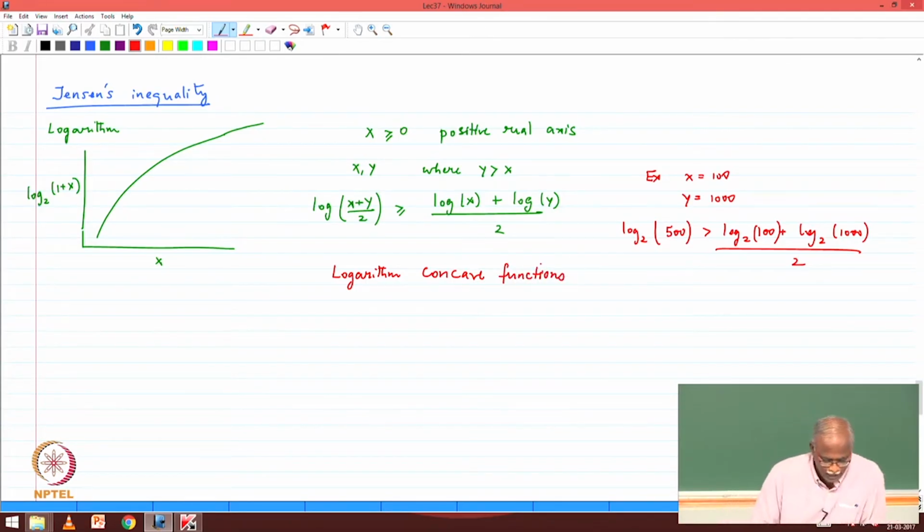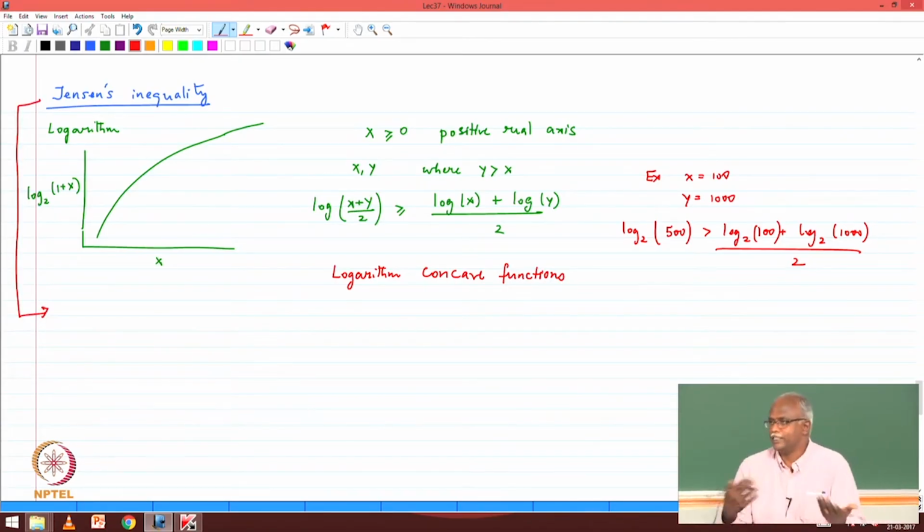Here is Jensen's inequality. It's always good to have the context in which the result is being stated.